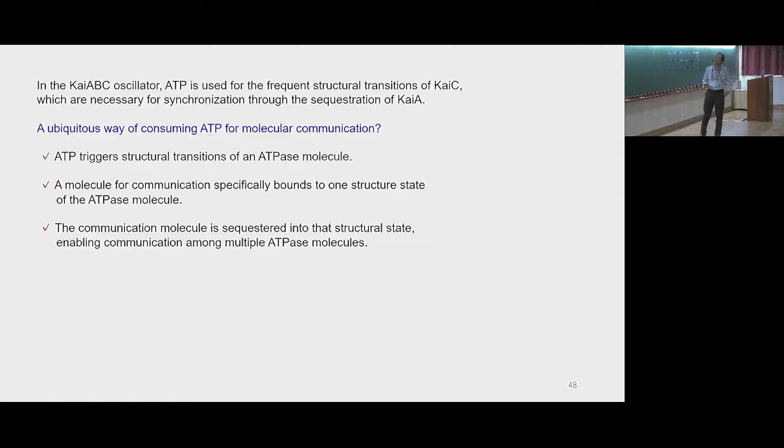For example, if ATP hydrolysis triggers a structural change of some molecule, and other molecules bind on one particular structural state of that molecule, that leads to the depletion of the free unbound molecule. Then this should bring about communication between the molecules.